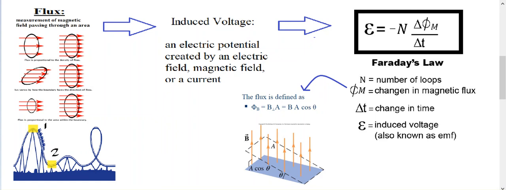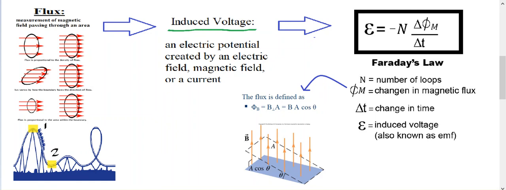This creates an induced voltage. An induced voltage is an electrical potential created by an electric field or magnetic field or current. So as the air starts to flow, it might help push the carts along that is carrying the current, right?